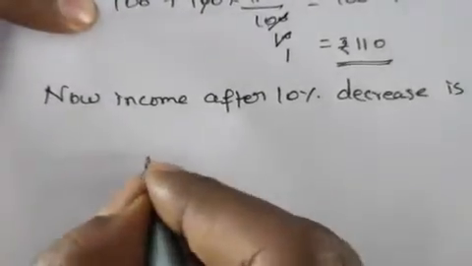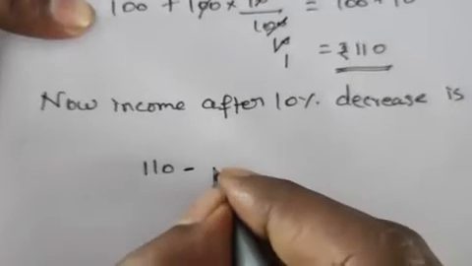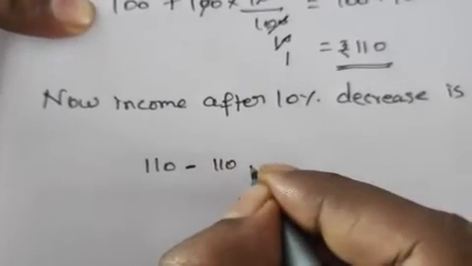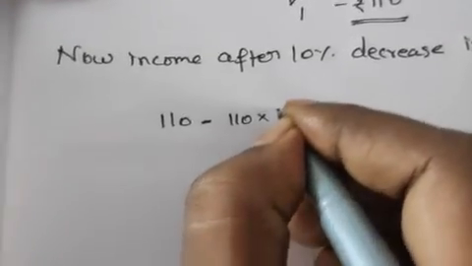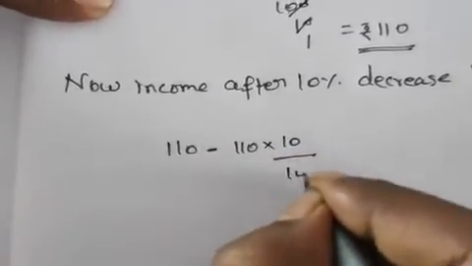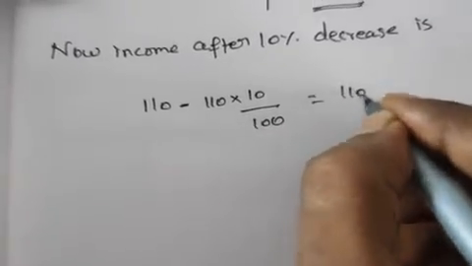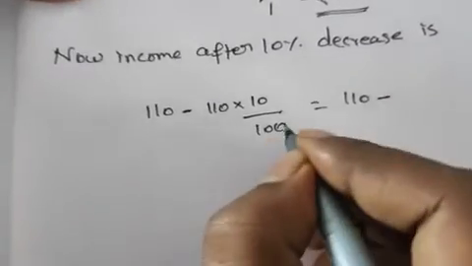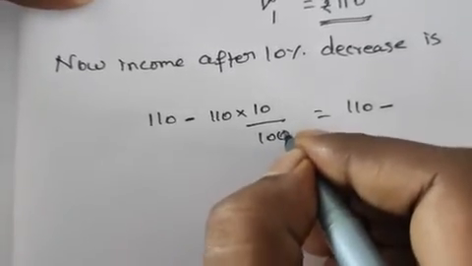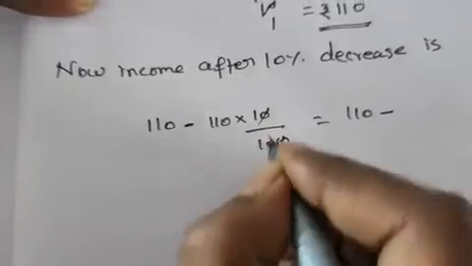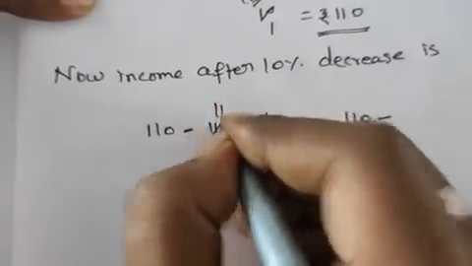Therefore decrease means subtract, minus. 110 minus 10% of 110, into 10 by 100. That is equal to 110 minus, 0 and 0 cancel. 1 tens are 10, 11 tens are 110.